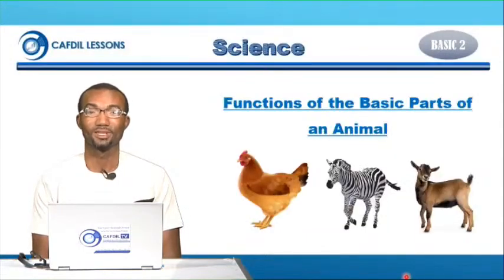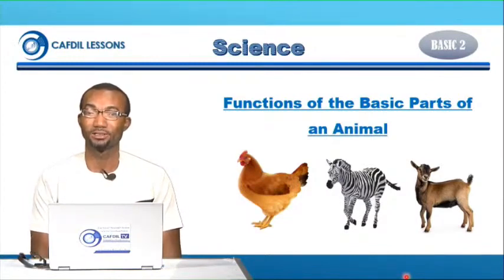Good. Okay, now that we have gone through the three basic parts or structure of an animal, being the head, the trunk, and then the limbs, let's look at the functions these three basic parts perform.